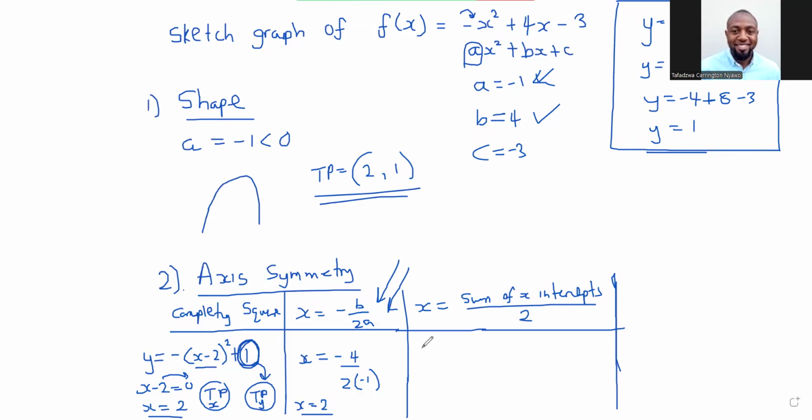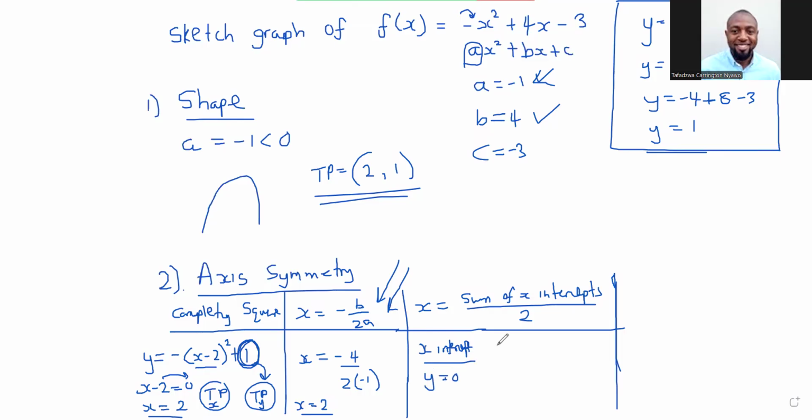So this only happens after finding your two x-intercepts. So always remember, when you're finding your x-intercepts, y is equal to 0.